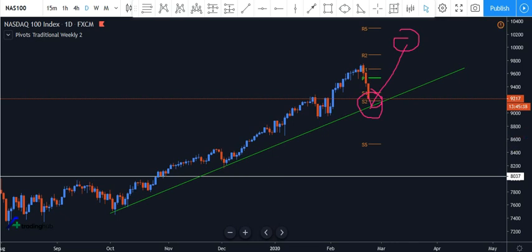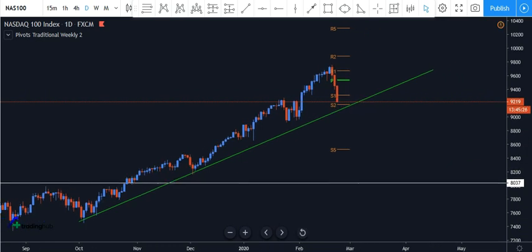But if we don't get that and we see price break down, correct or retest, we sell. Our long-term projection on this Nasdaq is sell. We are looking for selling opportunities, long term.